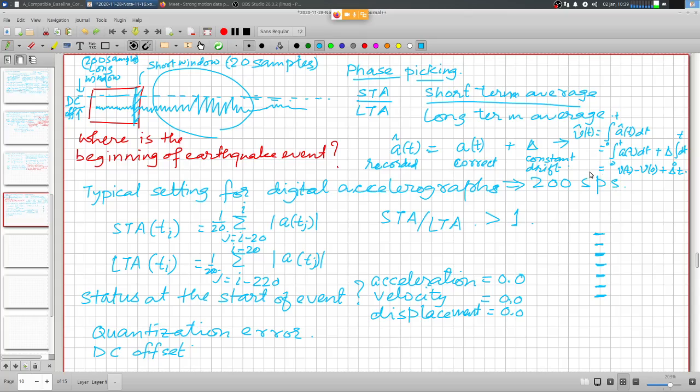And now if I try to figure out the displacement from this, from 0 to t, again there would be some terms related to this, and the error is here.